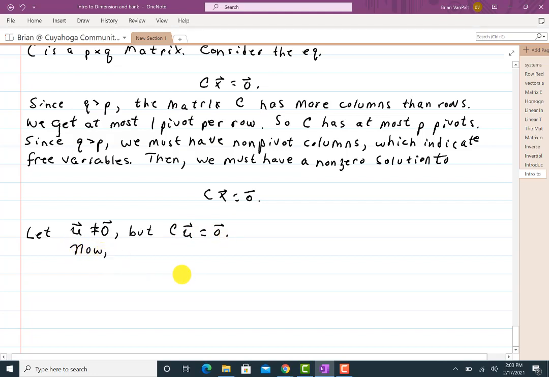Now, we had each vector ai was equal to B times ci.